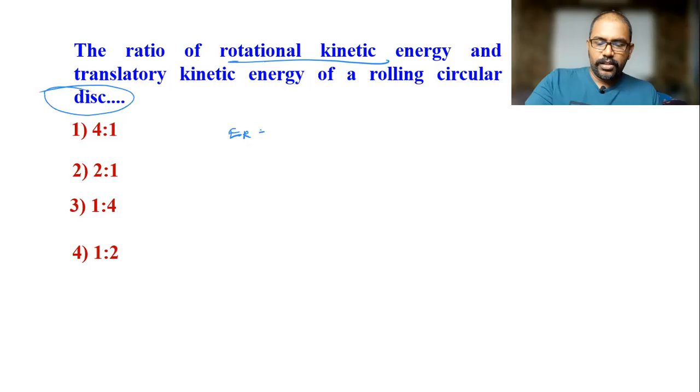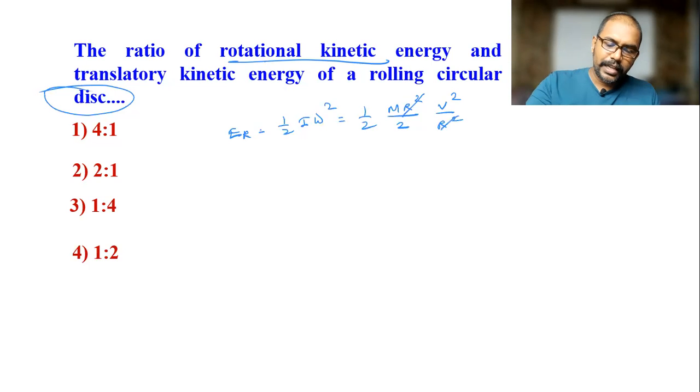Disc. So disc having a moment of inertia mr square by 2. So rotational kinetic energy is half I omega square. So I will substitute that here. It is m r square by 2, and here omega square we can write v square by r square. So this r square gets cancelled. We get rotational kinetic energy is 1 by 4 mv square.